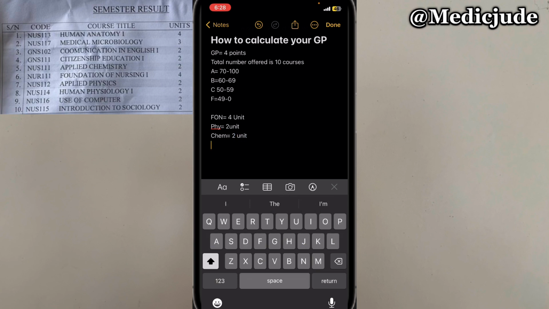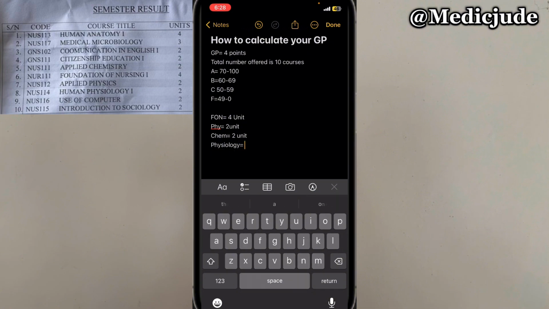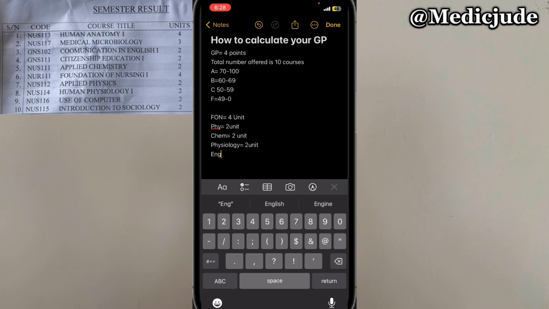The next one you're having in the tally here is physiology, a total of 2 units. The next one on our list here is English. Communication in English is a sum total of 2 units also.